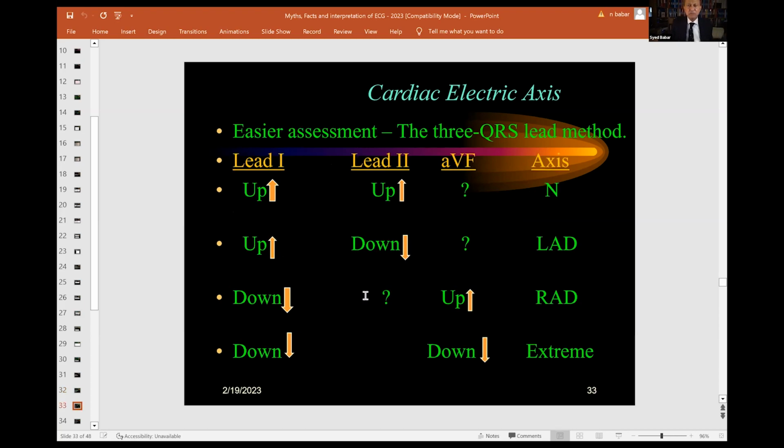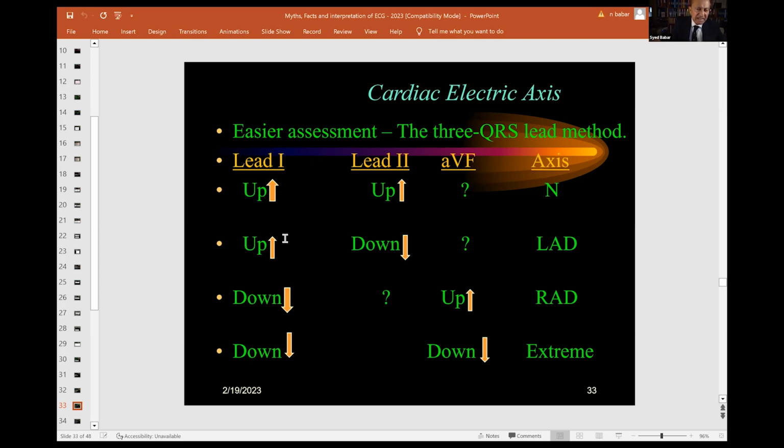It's much more simple to understand the three QRS lead method of understanding the cardiac axis, looking at lead 1 QRS complex, lead 2, and AVF. So if lead 1 has upright QRS and lead 2 has upright QRS, then the axis is normal. It doesn't matter what the AVF or the inferior lead suggests.